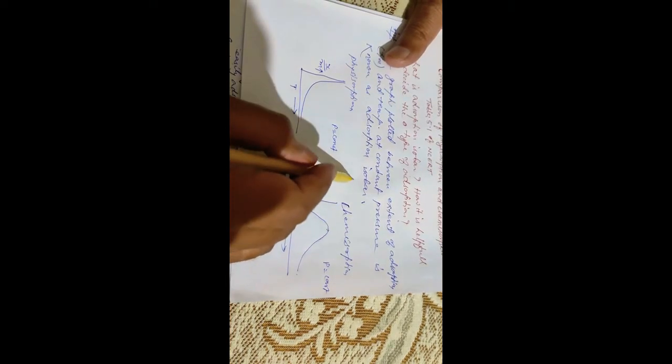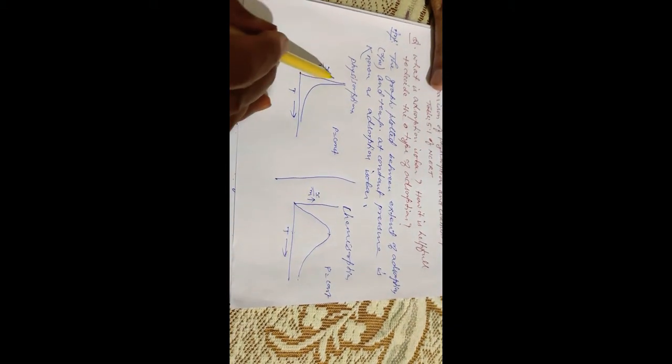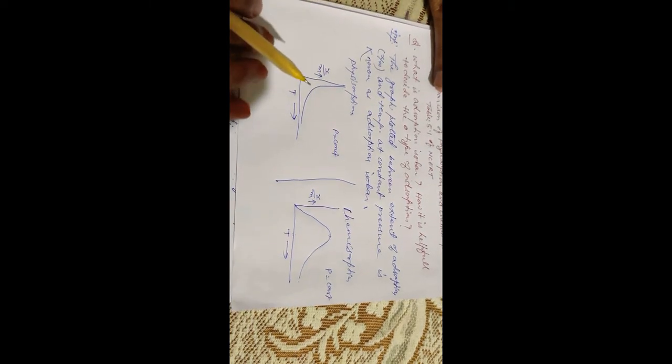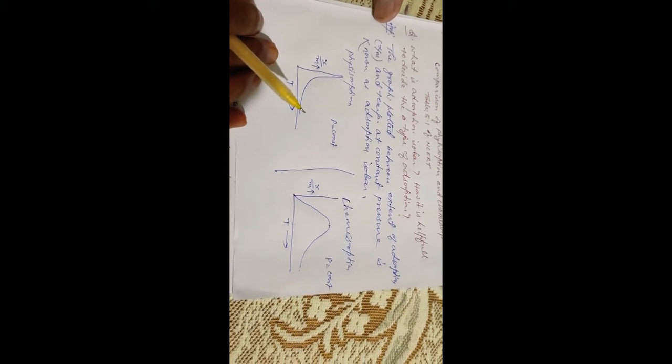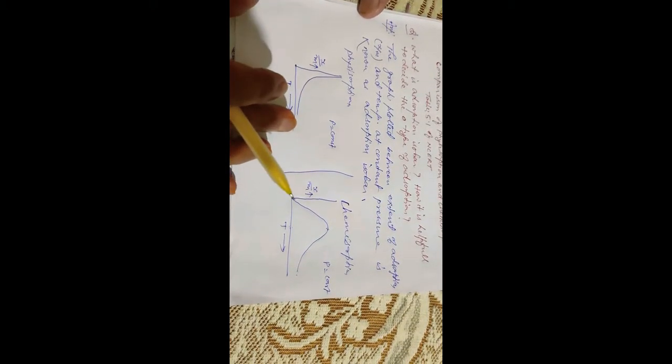In case of chemisorption, the nature of adsorption isobar is like this, and in case of physisorption, the adsorption isobar is like this. So this is a very good way to distinguish between physisorption and chemisorption.